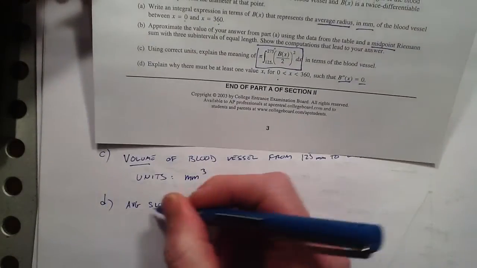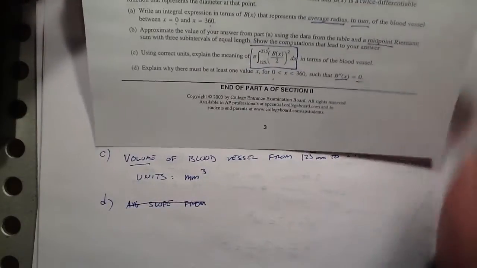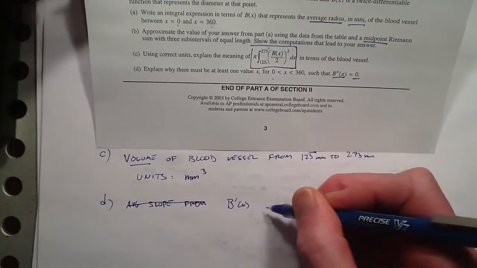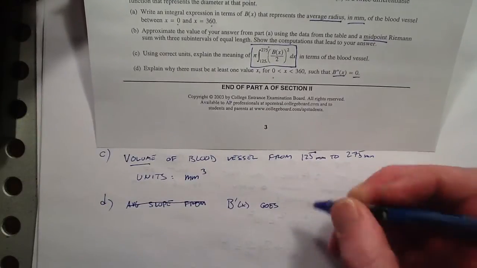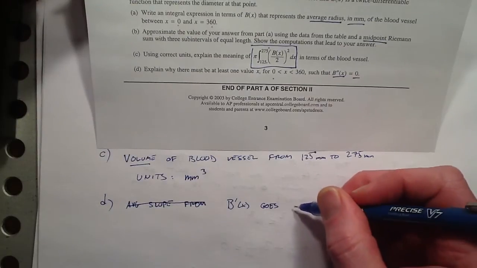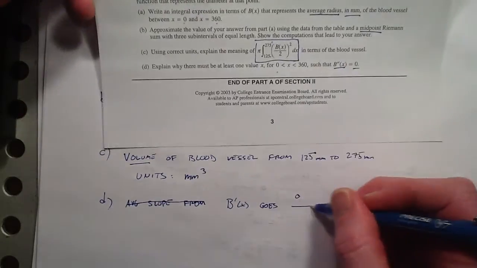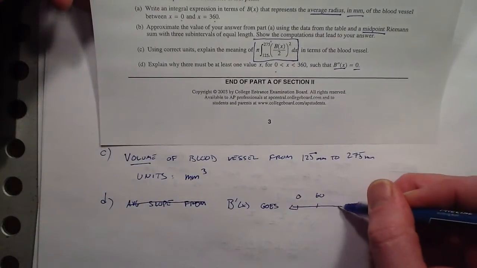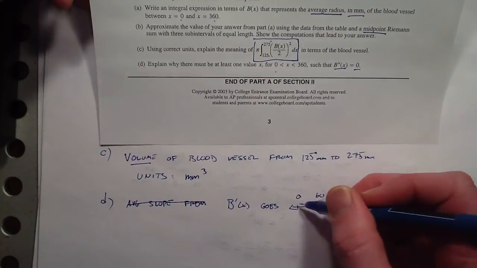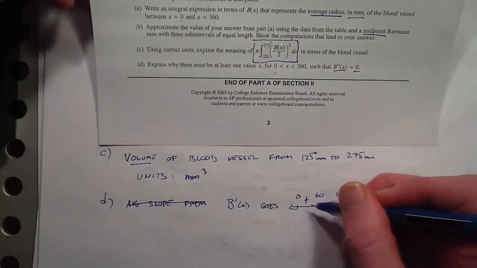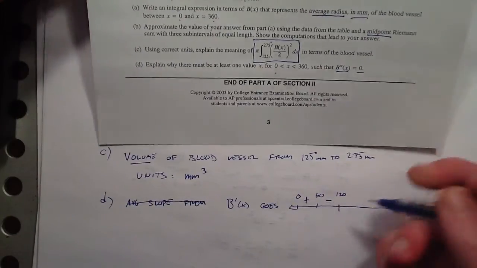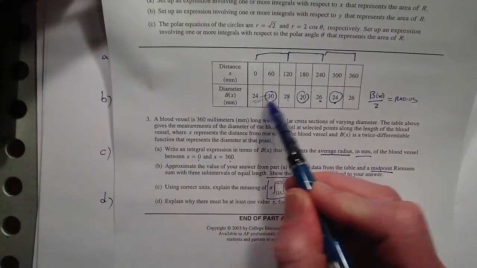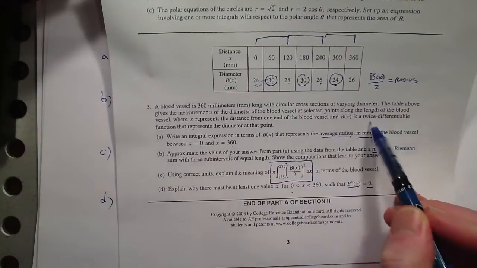So the b prime of x goes from 0, if we made a number line like this, 0 to 60 to 120, for example. I don't think we have to go further than that. It's increasing and then decreasing, right? I mean, it might not be the whole time, but for at least part of the time, it's got to be increasing from here to here and decreasing from here to here, because it's twice differentiable.